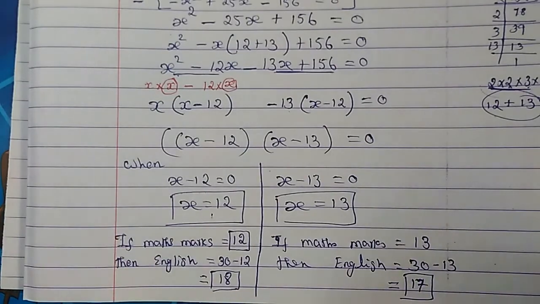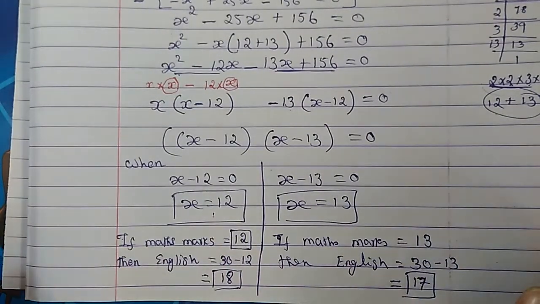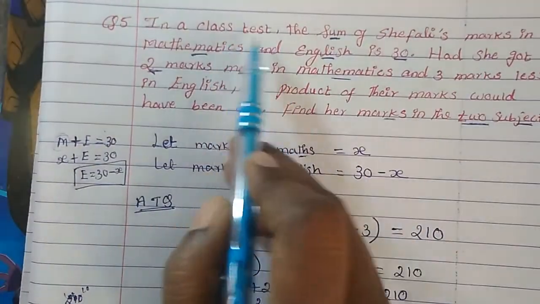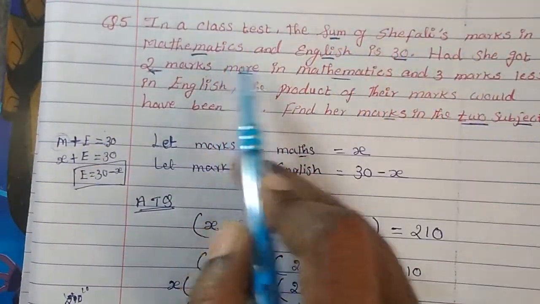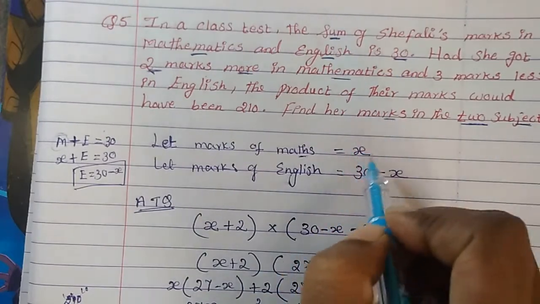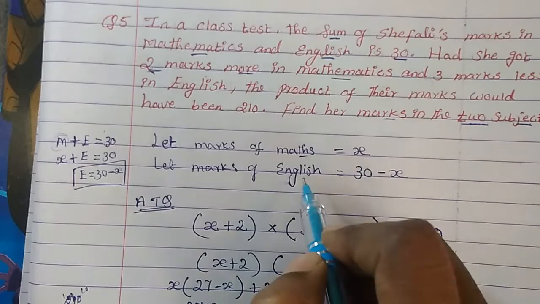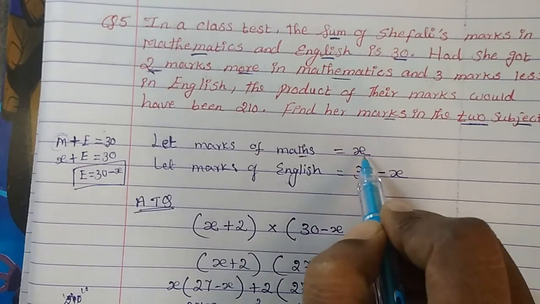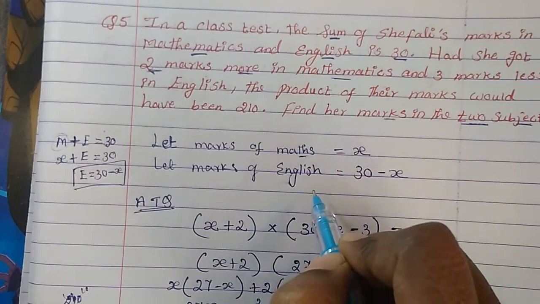Is it clear? Because total marks is how much? 30 it is, right? The sum of Shefali's marks in maths and English together, we said, is 30. So if you are considering maths marks as x, then English marks will be 30 minus the maths marks. But the total has to be 30 only.